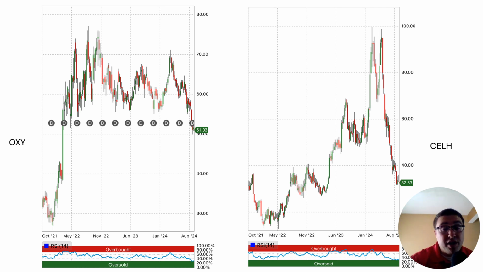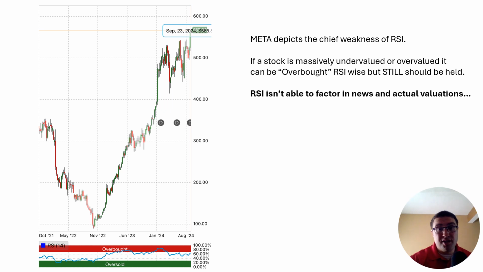Now, where RSI is going to struggle is a stock like Meta. Because all it's using is the actual percent increases for that 14-day period or percent decreases, it can't tell you the actual long-term projection, especially if you have a stock that's way overvalued or way undervalued.